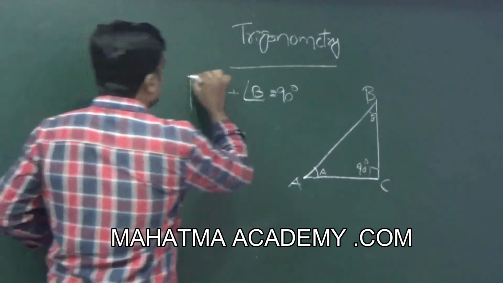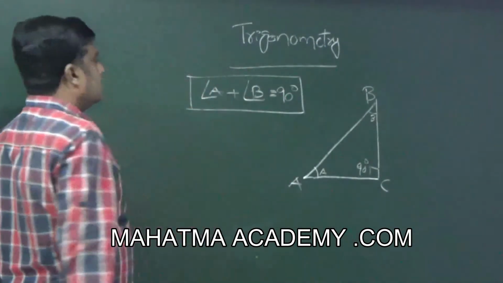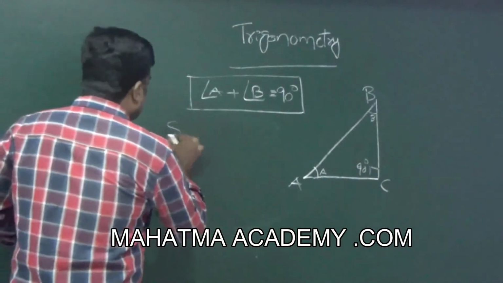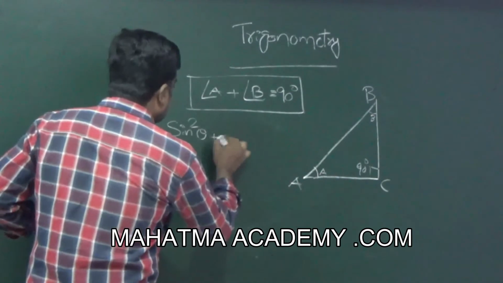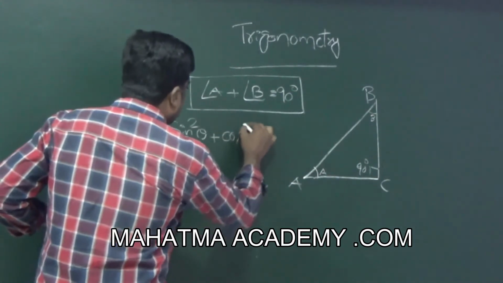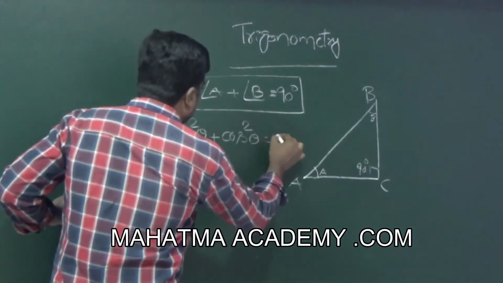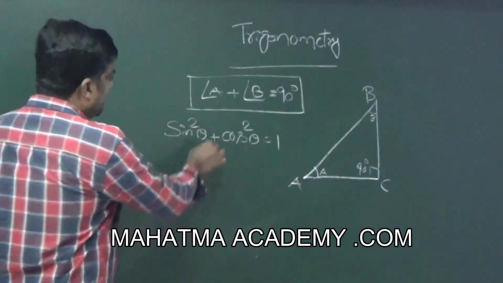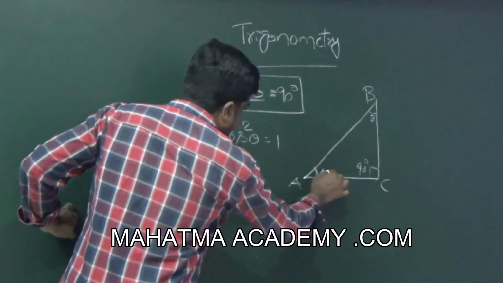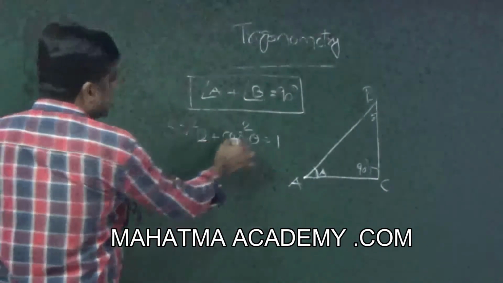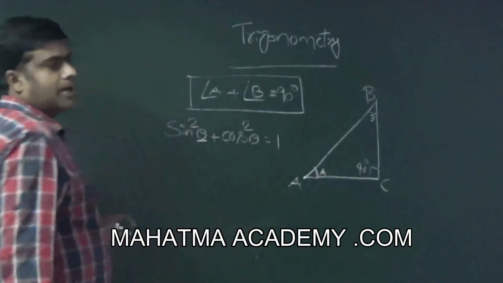This is the formula. What is the basic formula of trigonometry? Sin square theta plus cos square theta equal to 1. Theta means angle A or any angle. Sin square A plus cos square A equal to 1.